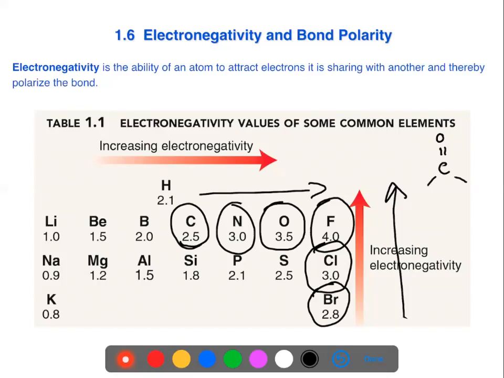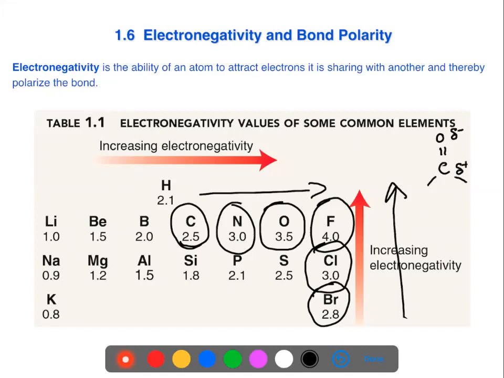When we look at the nature of the double bond associated with the carbonyl, the carbon double bond oxygen, we know from our previous lecture that this is composed of a sigma and pi bond, and that there are 4 electrons associated with the bonding between these two elements. But we can say, based on electronegativity arguments, that the electron density is going to spend more of its time around oxygen and less of its time around carbon.